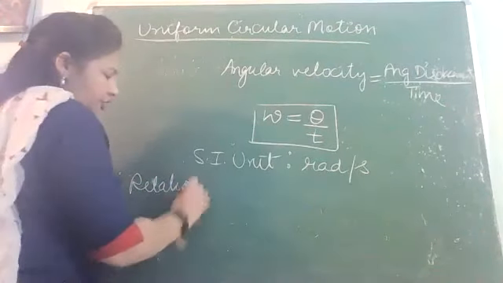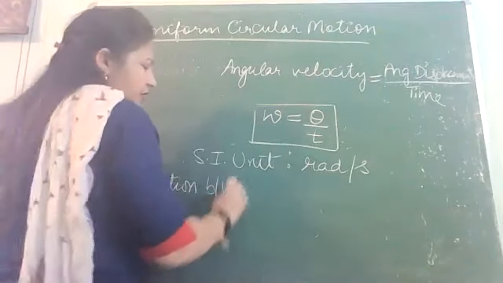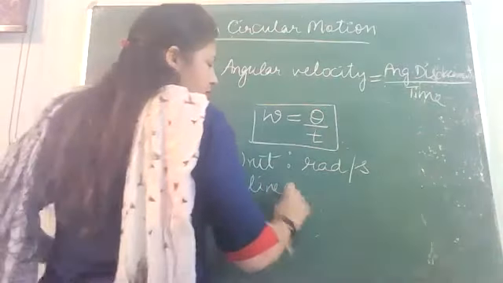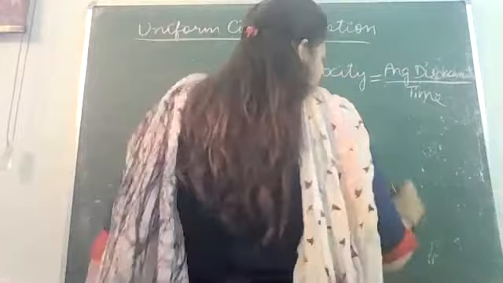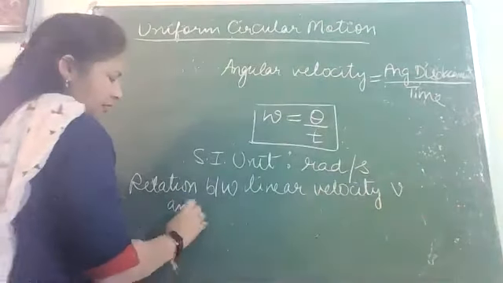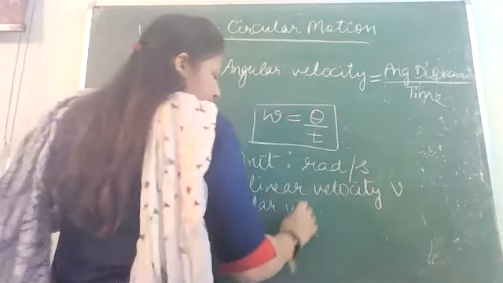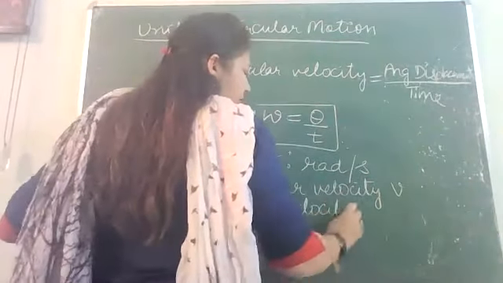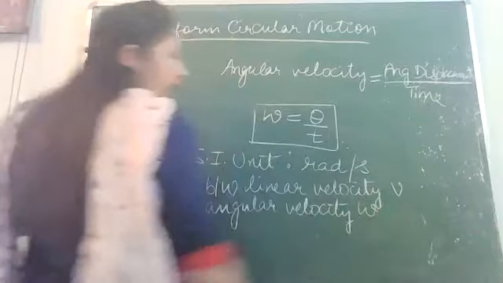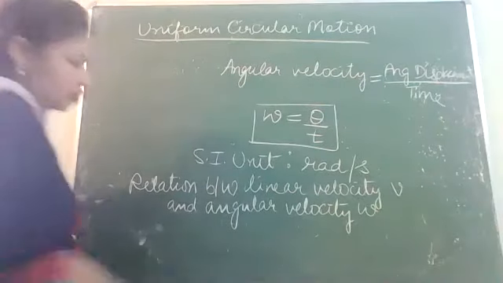Write the relation between linear velocity v and angular velocity omega. So note it down.